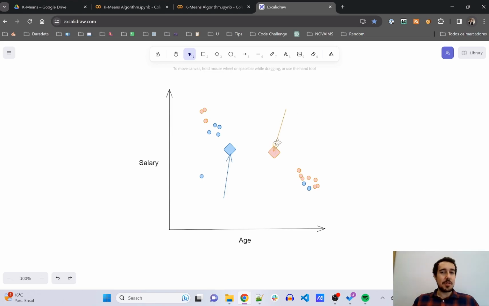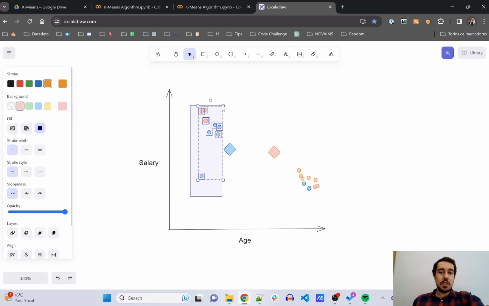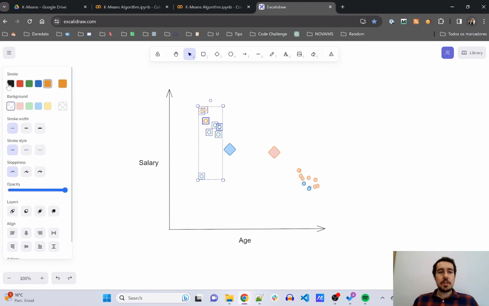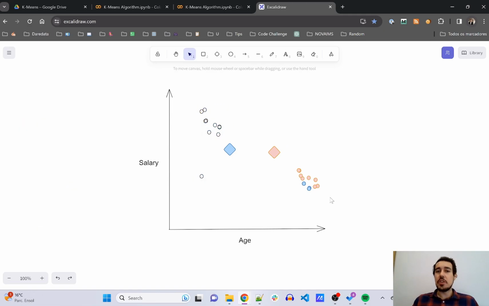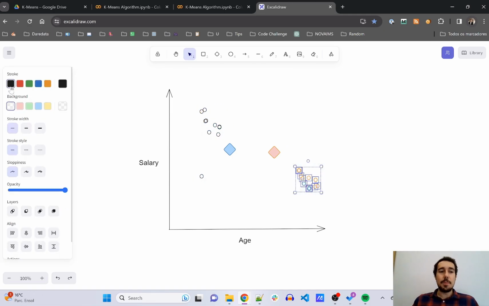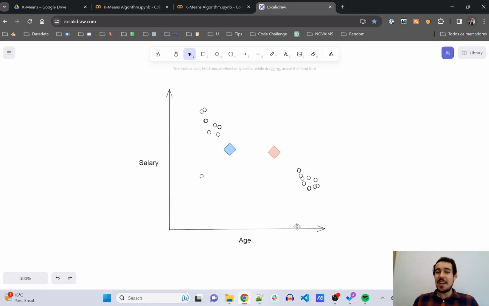Now, is our solution finished? Of course not. What we will do is basically just go here. I'm going to change the points again and return them to the original state, and we repeat the idea. So we now calculate the distance between the data points and the new centroids that were recalibrated again, okay?